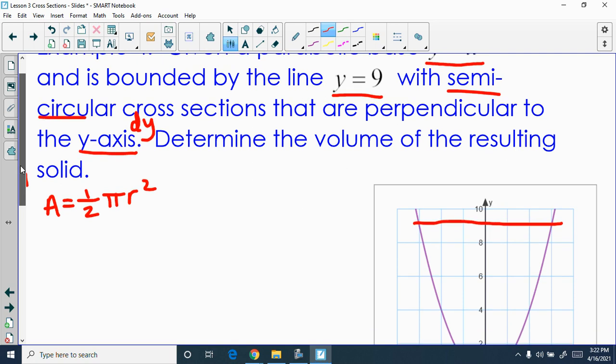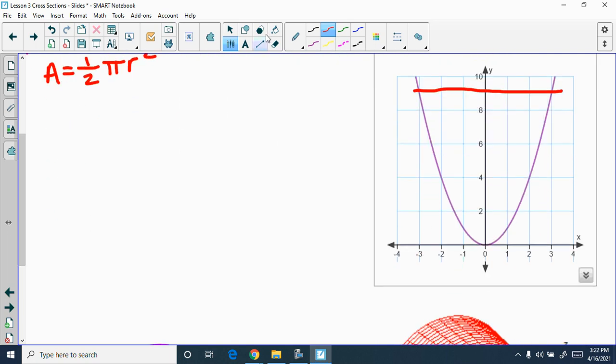Okay, so that means our diameter is coming from here all the way over to here. So we've got to find the equation for the radius, which is coming from the y-axis out to our y equals x squared.